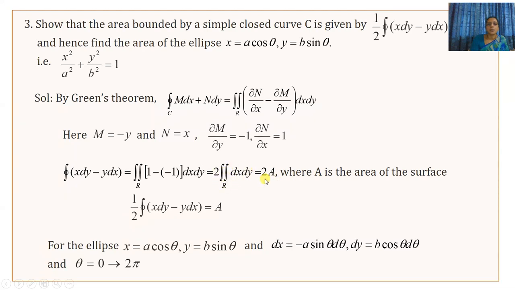Therefore, this is 2A. Hence, 1 by 2 into integral x dy minus y dx is equal to A.